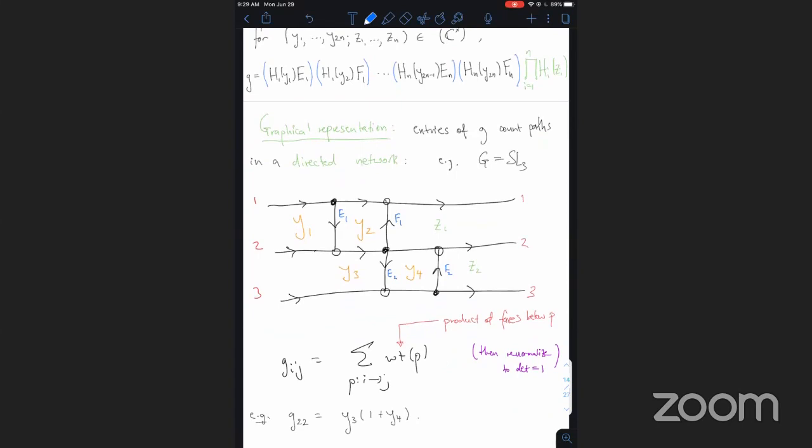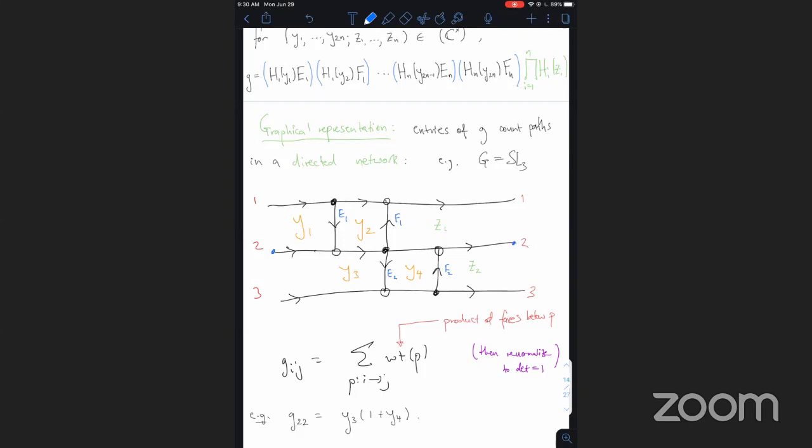Just because of how matrix multiplication works, to recover the entries of our matrix, which is the element of the double Bruhat that we're parameterizing, to get the ijth entry we simply take the weighted sum over all paths in this directed network from the ith source on the left of the picture to the jth sink on the right.